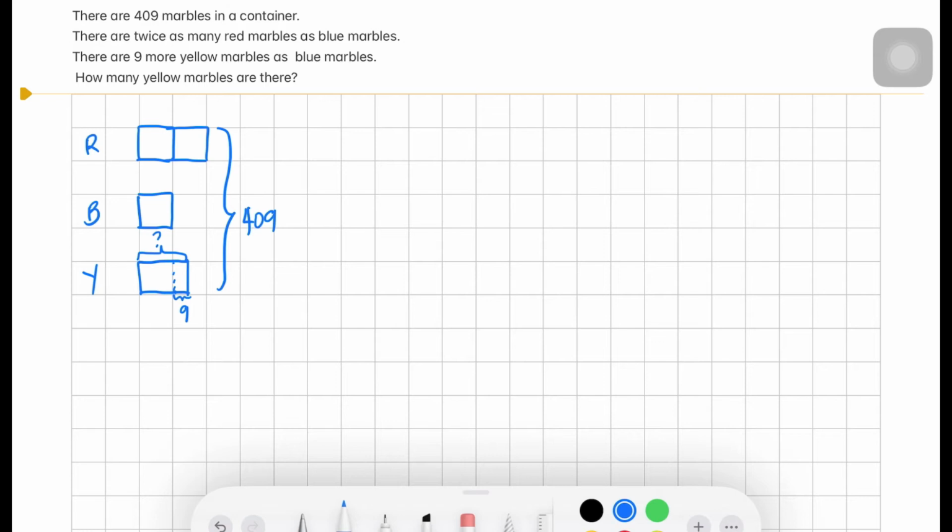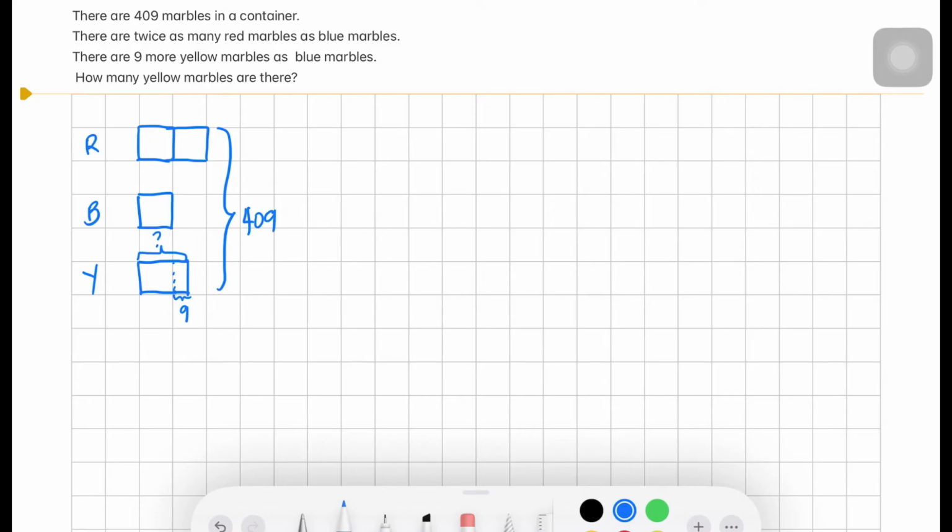So, comparing this to our previous problem and previous model, we can see that one quantity is different, or one model is different, but this time that model for the yellow is more than 1 unit.